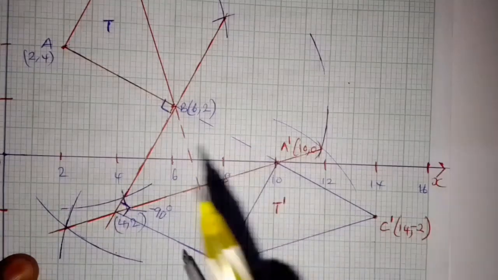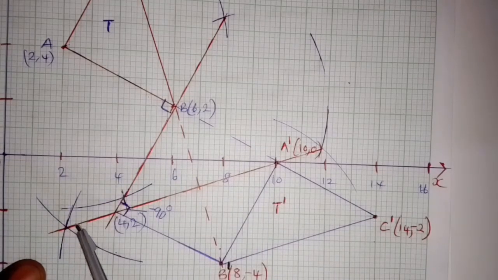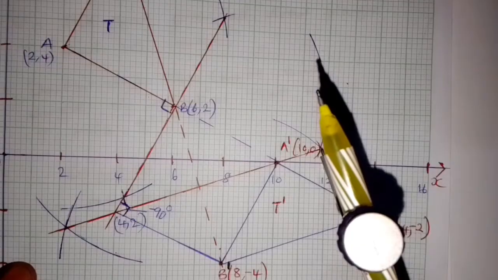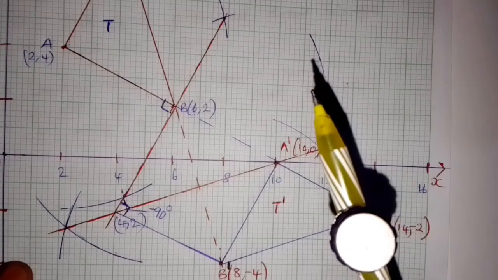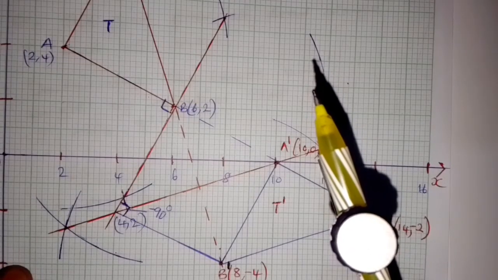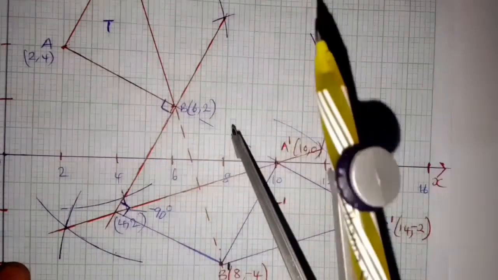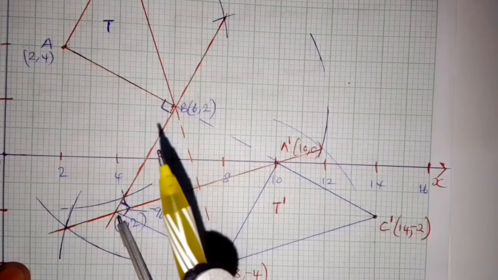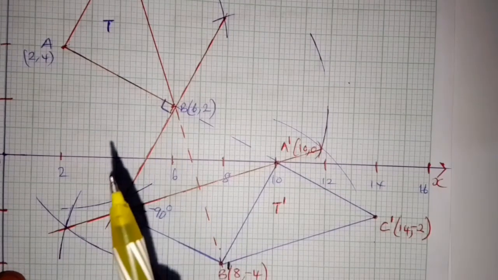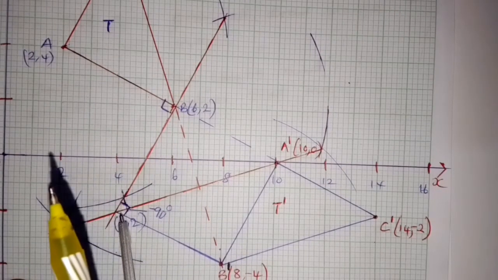Then we join the points here to here using a ruler, so it is a straight line like this, meeting this other straight line here.